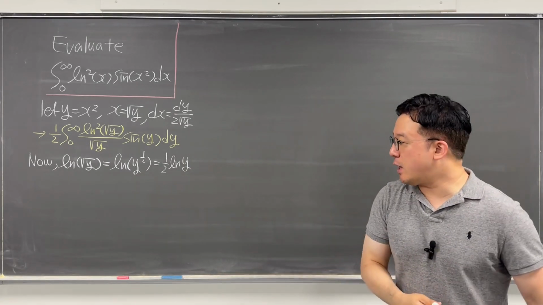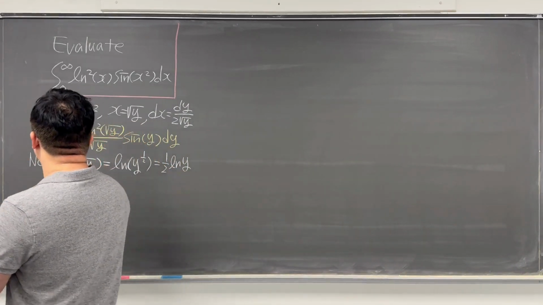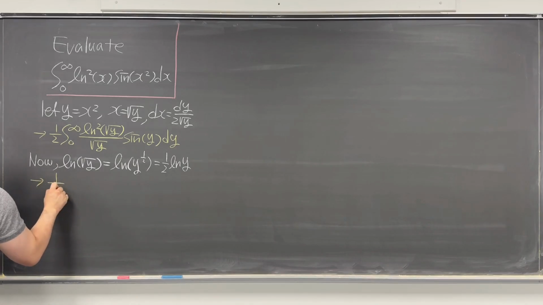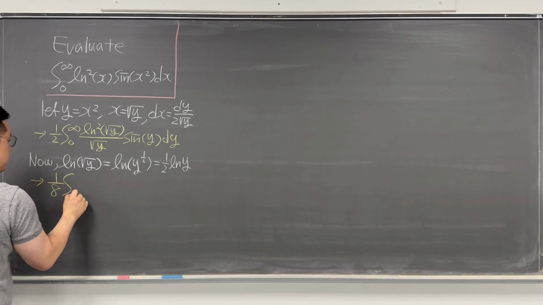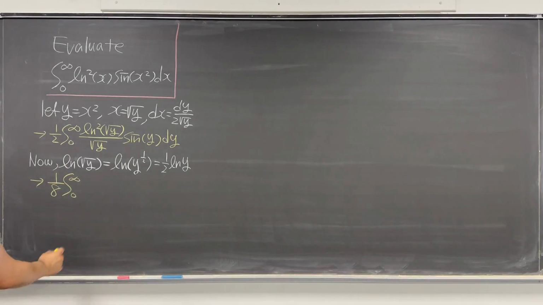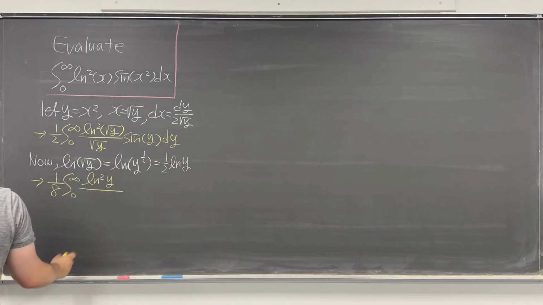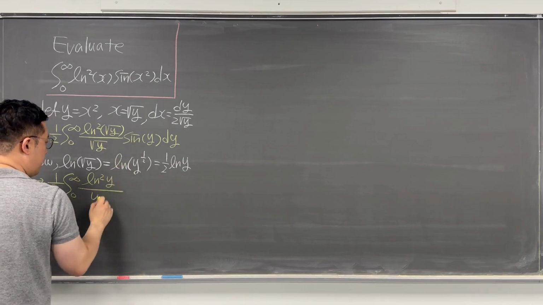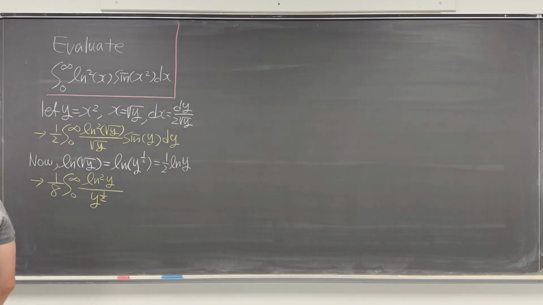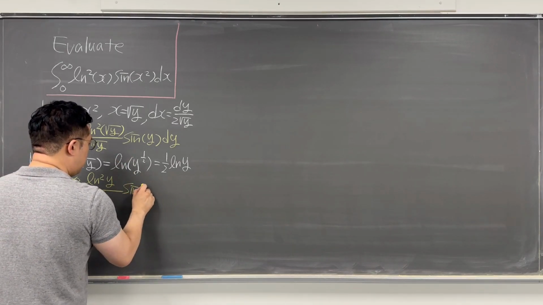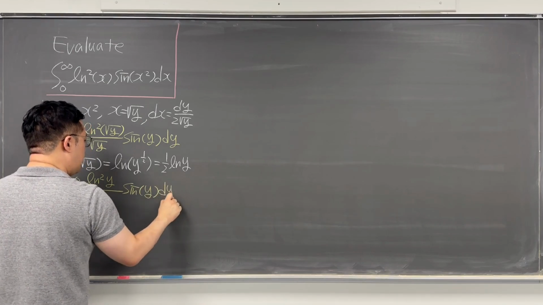So using this, we can now obtain 1 over 8 times the integral from 0 to infinity of ln squared of y over y to the power of 1/2, and then that times sine of y dy.